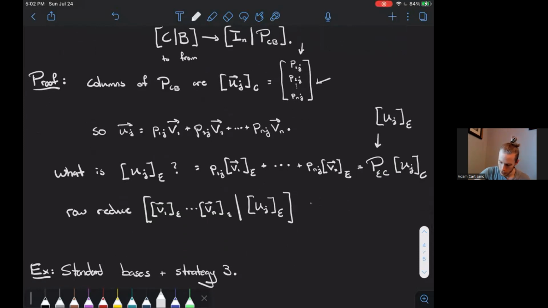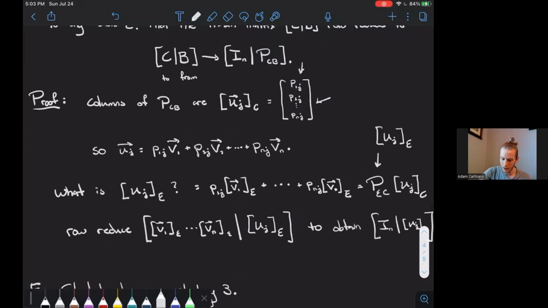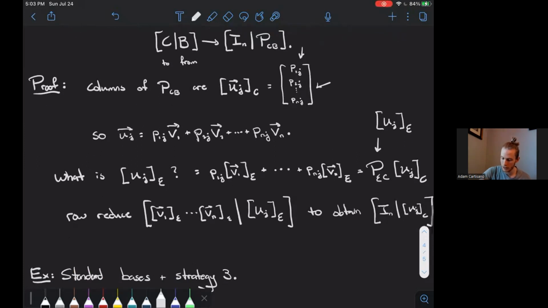Row reduce that to obtain the identity augmented with uj with respect to, sorry, with respect to C. But notice, in other words, we were able to obtain the first column of P_CB, but we were able to do it by writing everything with respect to an arbitrary basis.